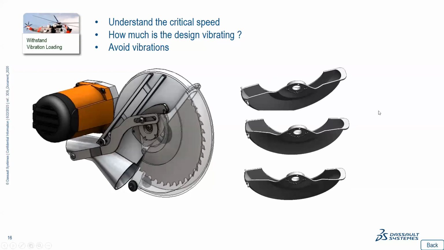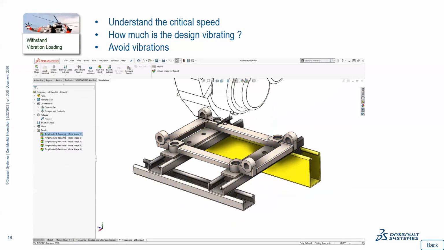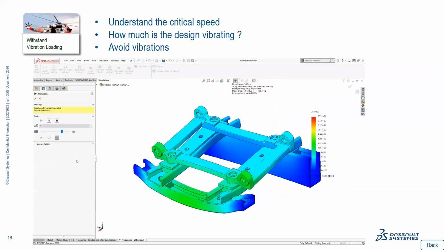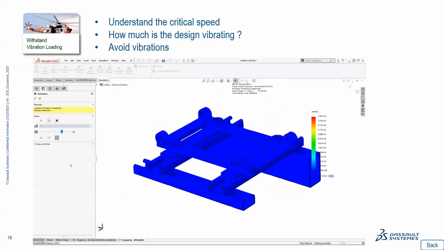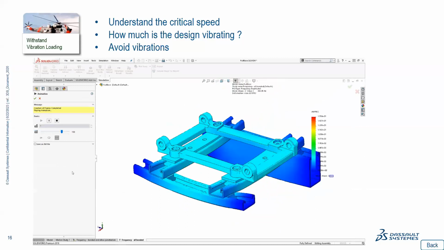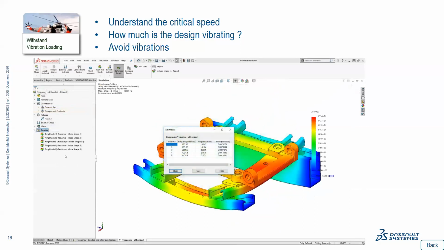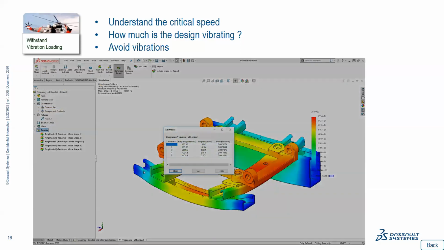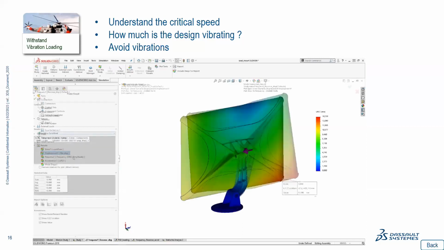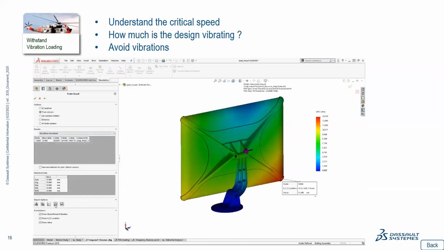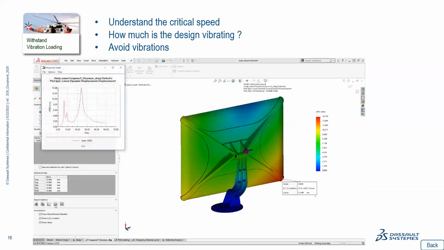Having this type of simulation will, for example, help you to say, okay, maybe you should avoid running the engine at this speed, because if you run at this speed, it will be in the frequency domain of your assembly, and you will have some troubles, because usually you want to avoid the frequency domain.